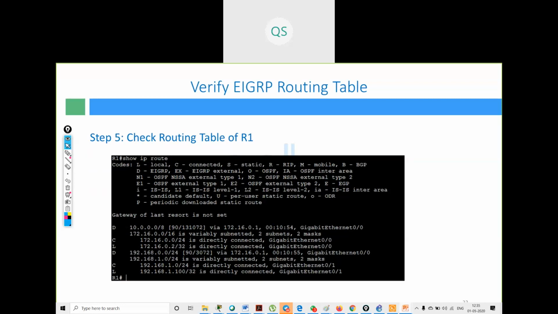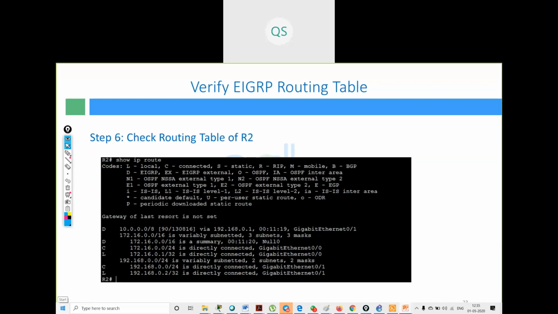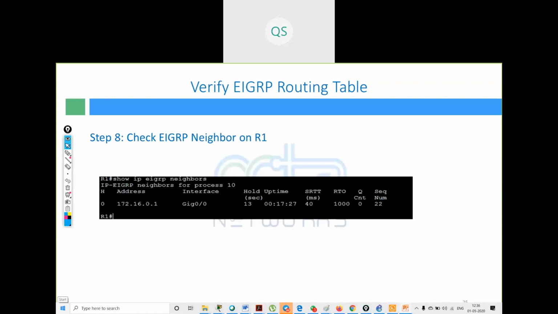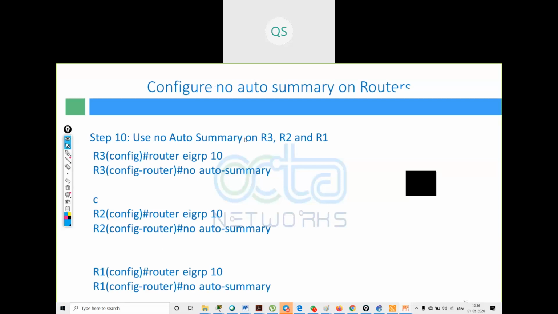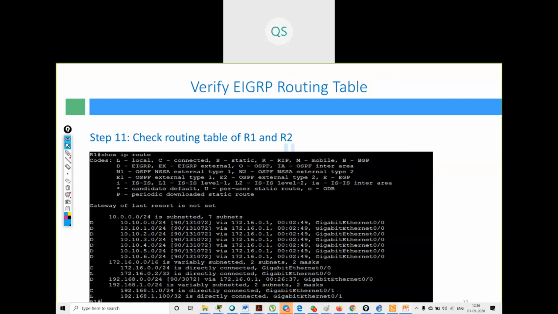To check the routing table, show ip route will give me the routing table. To check the neighbor table, show ip eigrp neighbors. Use no auto-summary.